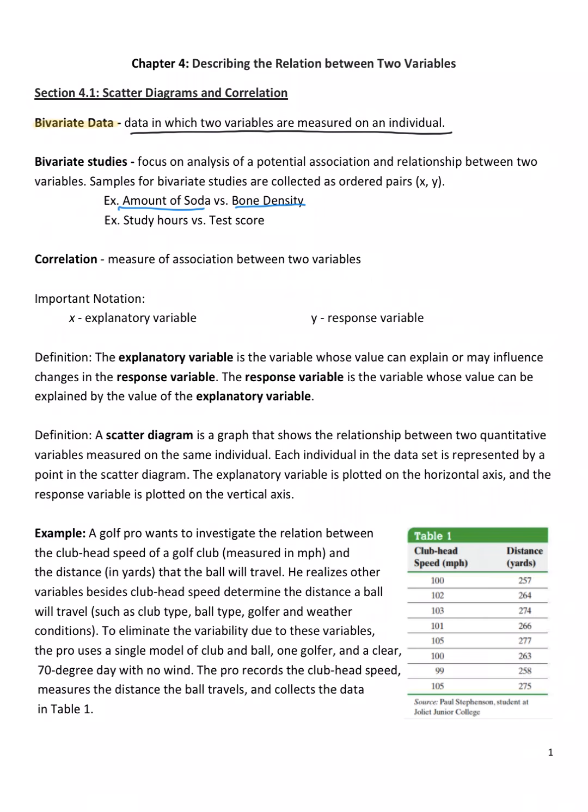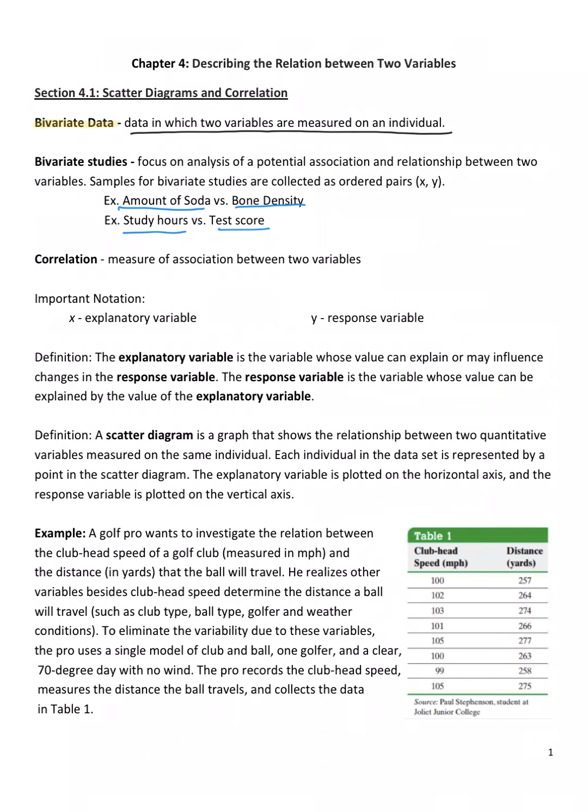Or we might want to know whether the amount of study hours per week is related to a student's test score. So the individuals will be the students in the study, and the two variables will be study hours and test score. So notice that these variables, amount of soda, bone density, study hours, and test score, are quantitative.